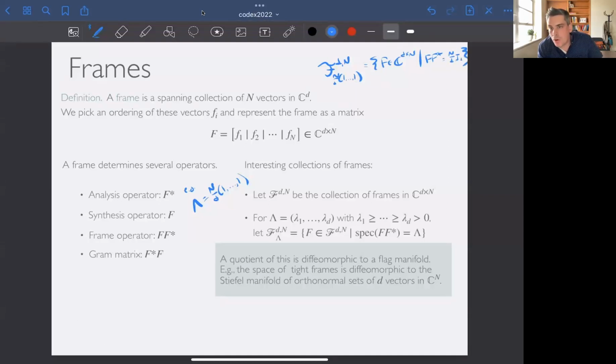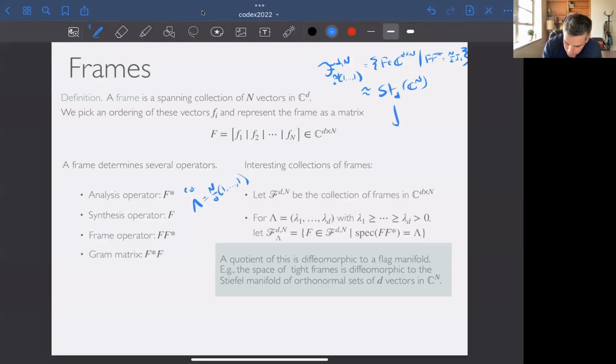Taking the transpose map shows that this is diffeomorphic to the Stiefel manifold of orthonormal d-frames, or orthonormal collections of d vectors in n-dimensional complex space.